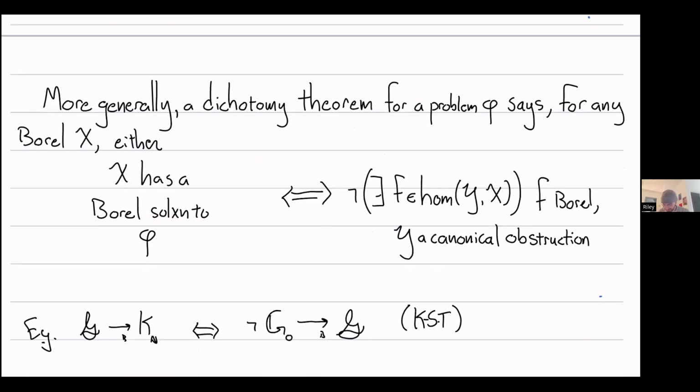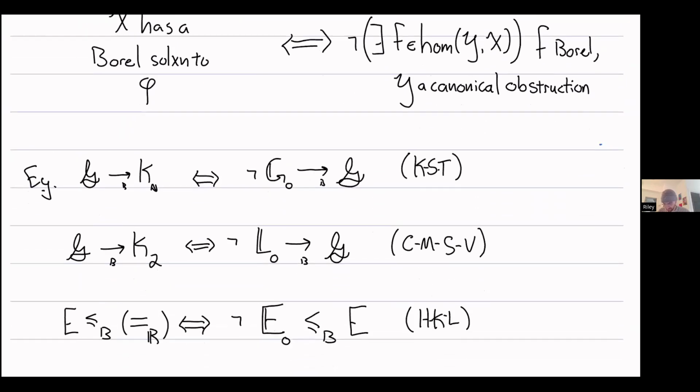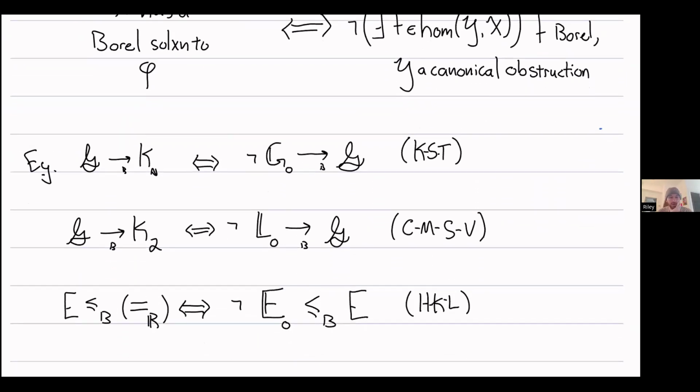So some examples. There's a theorem of Kechris, Solecki, and Todorcevic that characterizes when you have a Borel homomorphism from a Borel graph into the complete graph on the naturals. So when is there a Borel countable coloring of your graph?